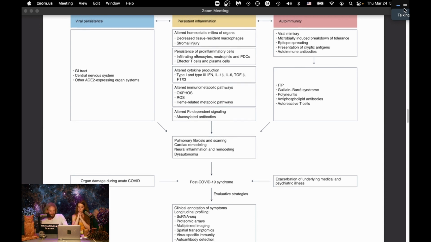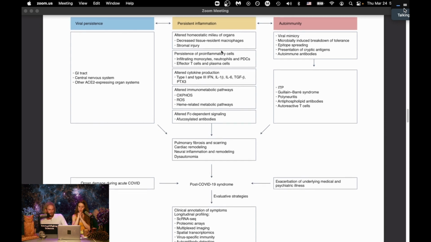But it makes sense that if you have somehow exhausted your immune system, particularly the compartment like the regulatory T cells, the compartment that's supposed to shut everything off, and you've stressed all of this, it's possible that it's not able to do its job, and you basically just don't turn off your fire hoses at the end of the day. And all of this leads as a funnel to this post-COVID-19 syndrome, right?